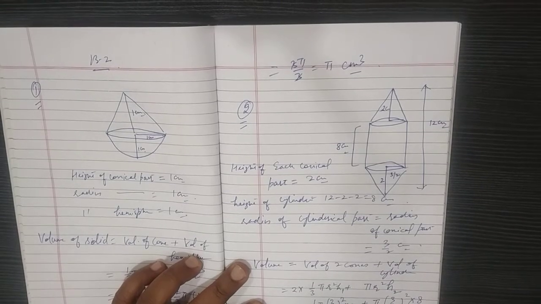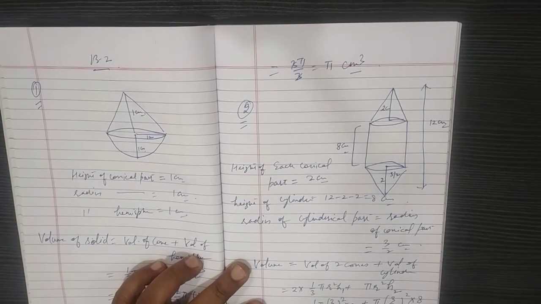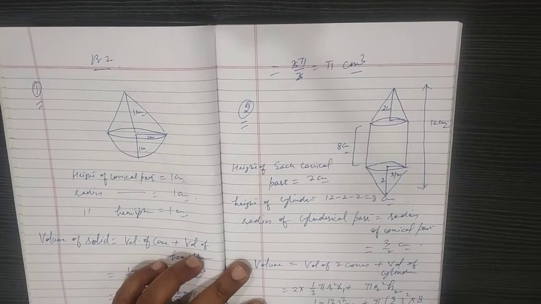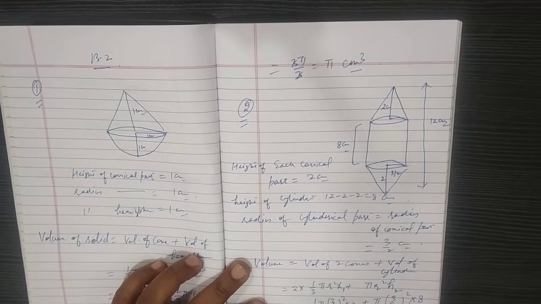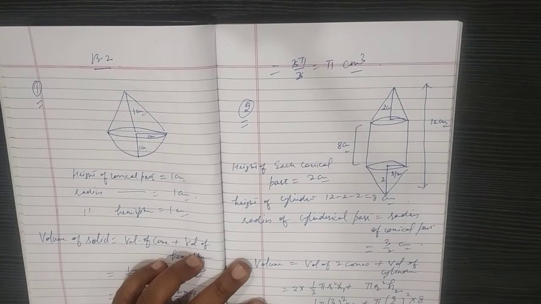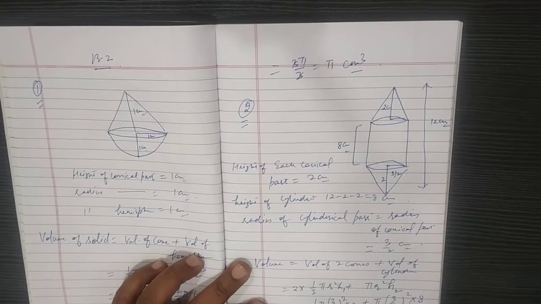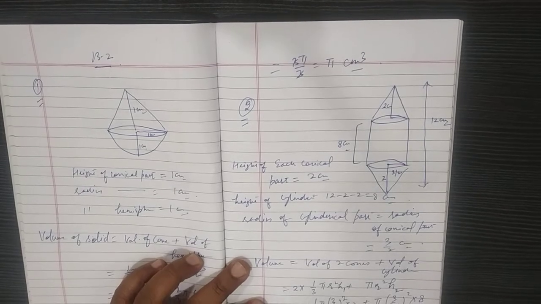It will be 2 into 1 upon 3 pi into 9 upon 4 into 2, plus pi into 9 upon 4 into 8. So it will be 3 pi plus 18 pi, that is 21 pi. In place of pi we'll put the value, so 66 centimeter cube is your answer.